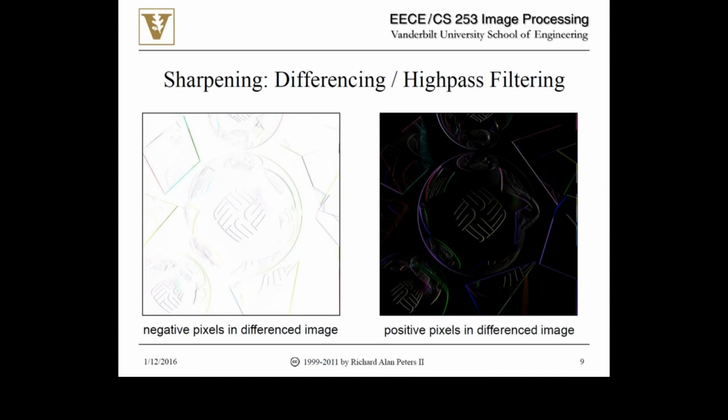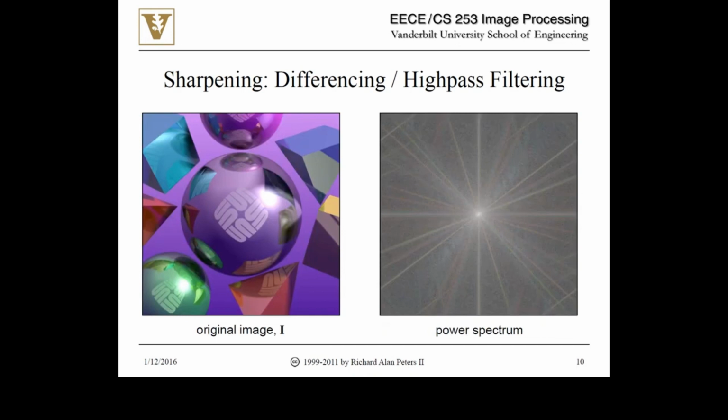So we only see the edges in this direction. And we are blind to edges in this direction. So here there is an edge, but it doesn't give any response. We are blind to this kind of edges.